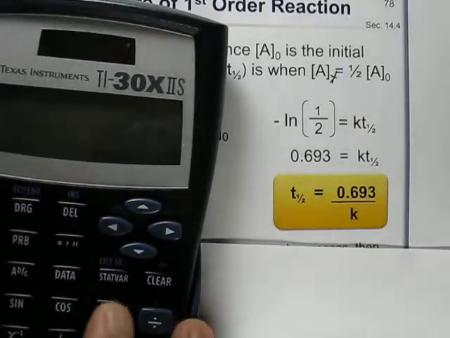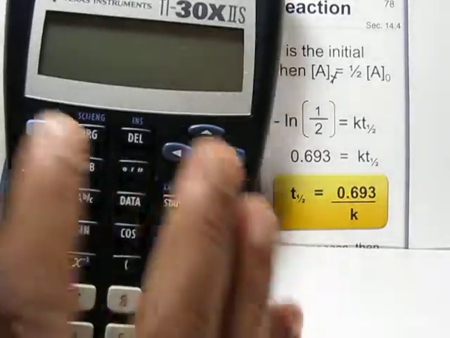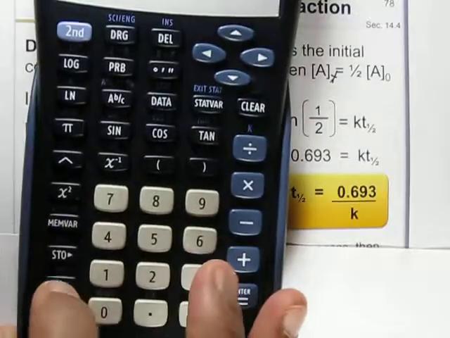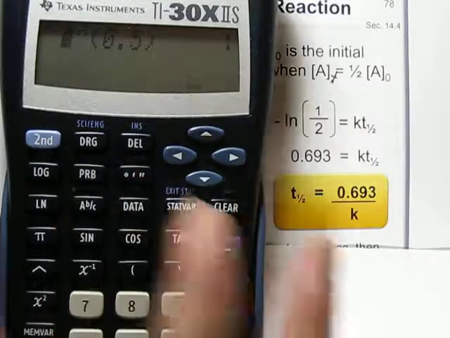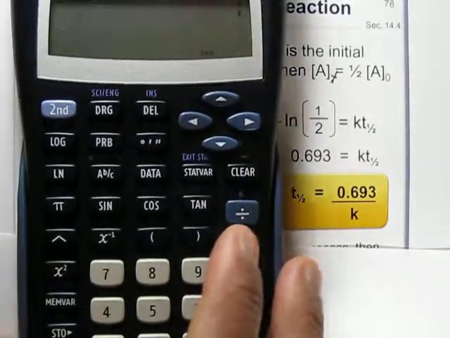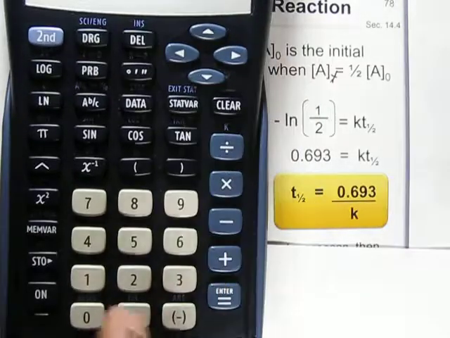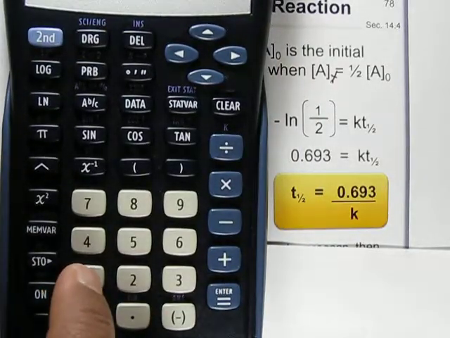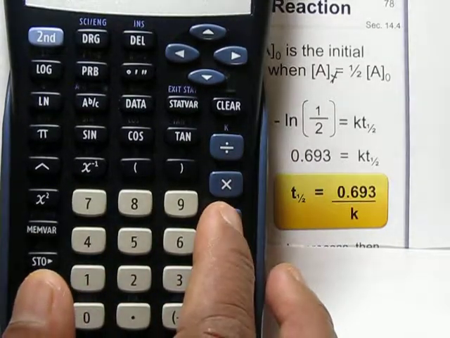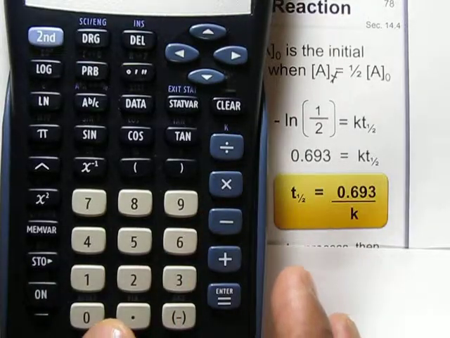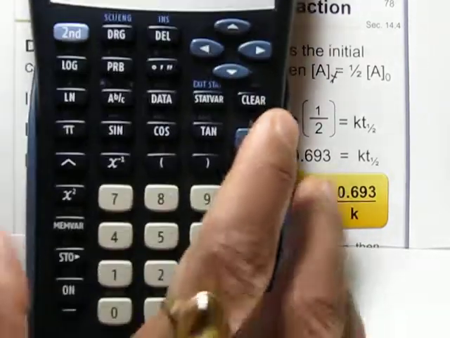Let's take the natural log in the calculator. Let's clear first. If you type natural log 1 over 2, no sorry, I did it wrong.